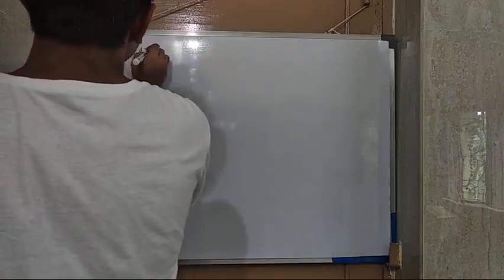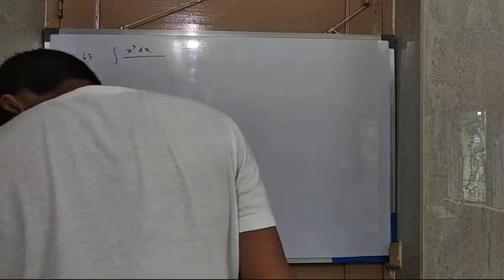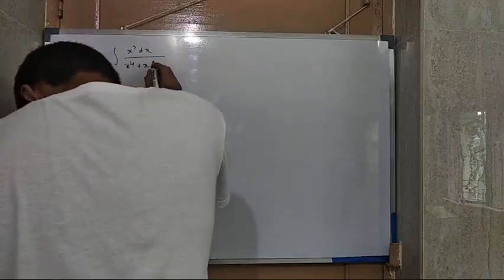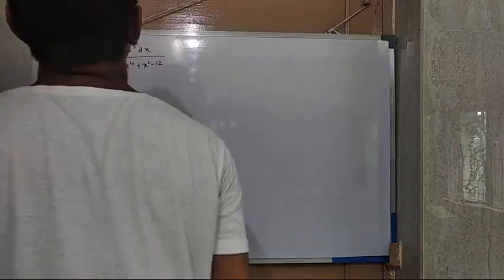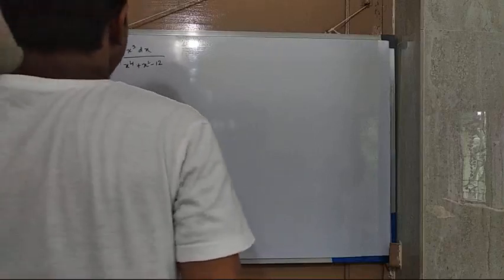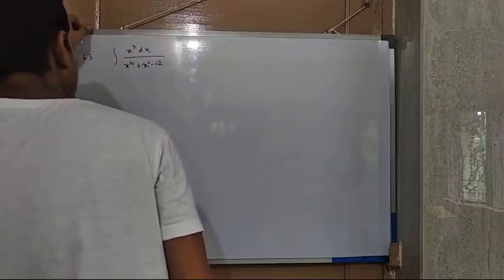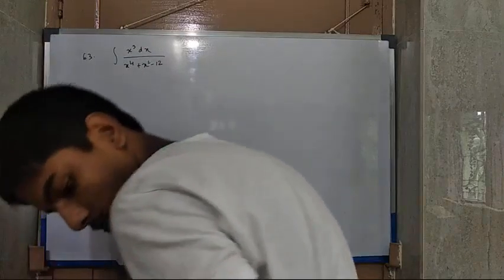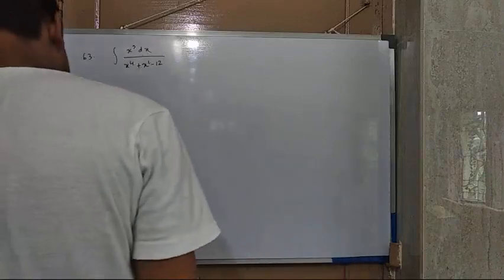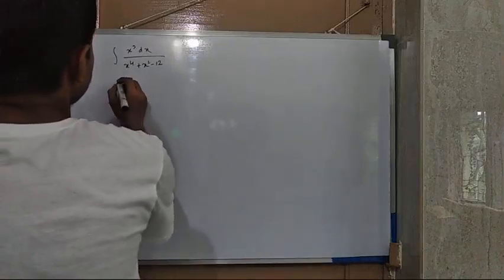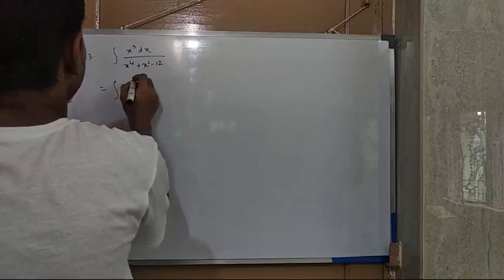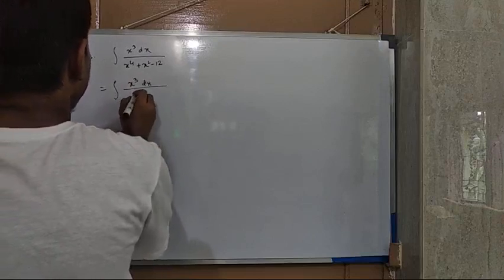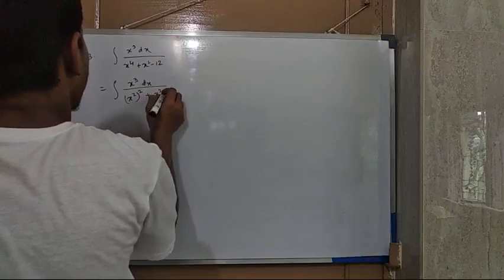the integral of x cube dx divided by x to the power 4 plus x squared minus 12. What we can do is write this as the integral of x cube dx divided by (x squared) squared plus x squared minus 12.